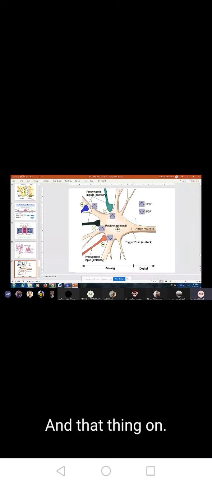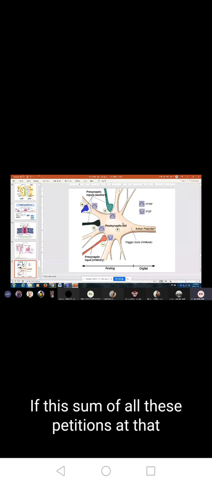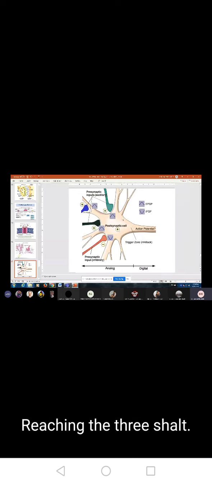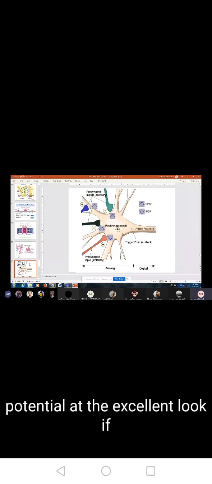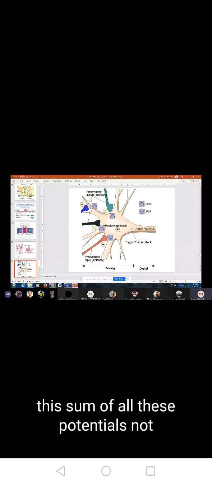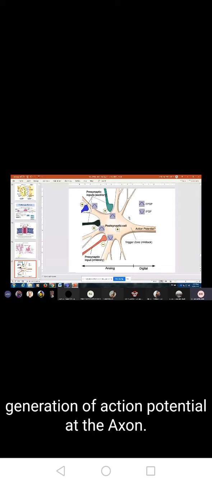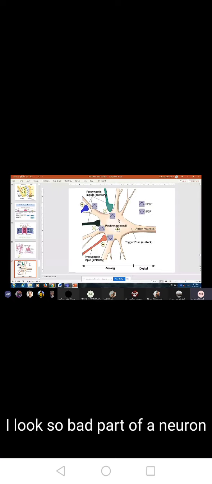Now, at the axon hillock, where we are generating action potentials in that neuron, if the sum of all these potentials at that axon hillock, after their migration, summing with each other and so on, reaches the threshold, we are getting generation of an action potential at the axon hillock. If the sum of all these potentials does not reach the threshold, we are not getting generation of an action potential at the axon hillock.